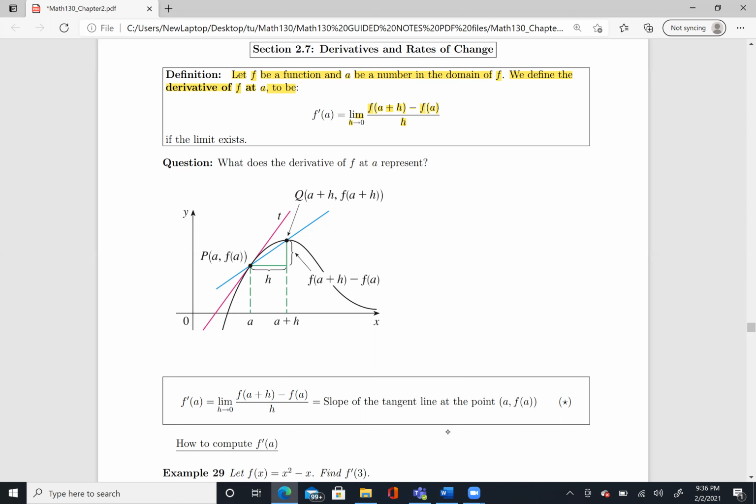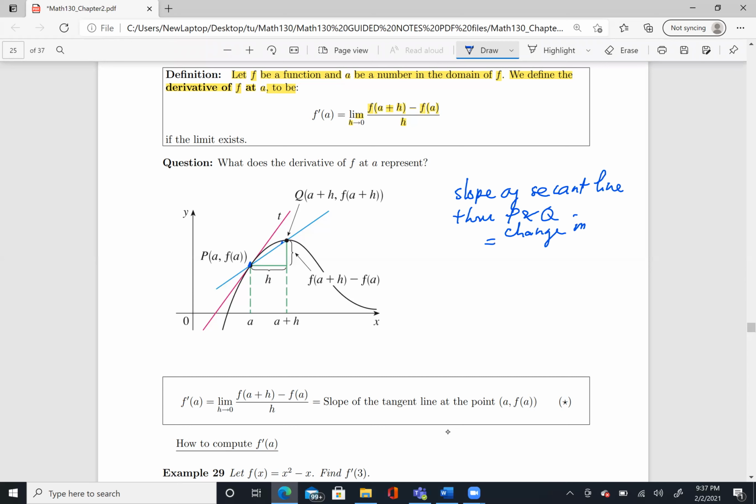If you see P and Q over here, P here, Q here, and I'm asking you about the slope of the secant line through P and Q, it's going to be equal to the change in y divided by the change in x.